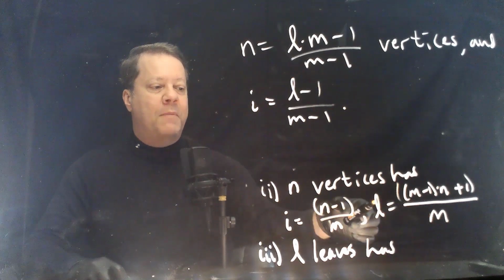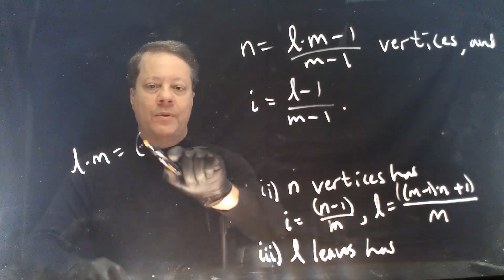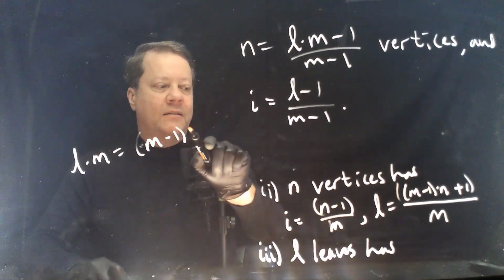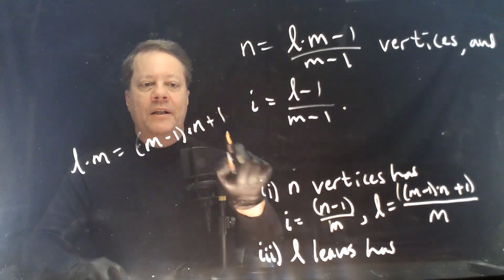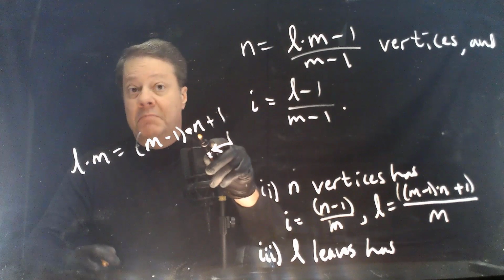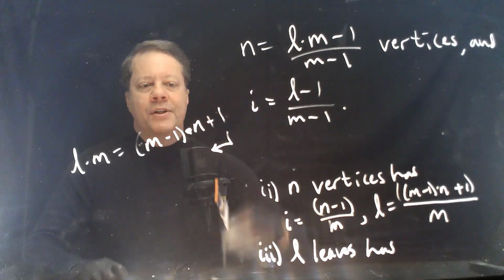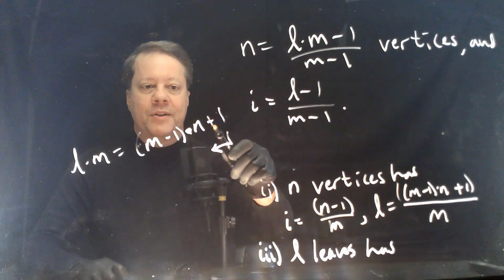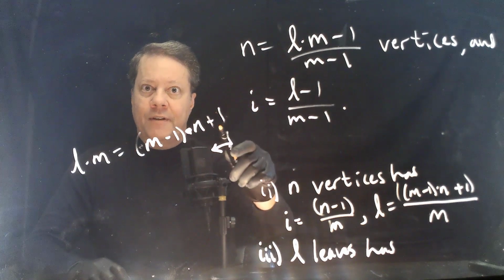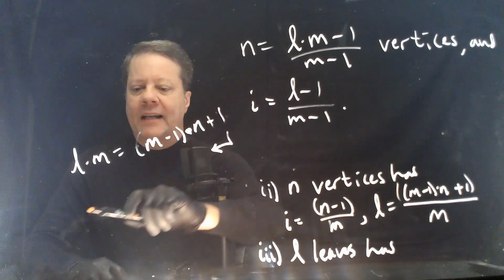This first formula comes from solving for n over here. You'll move the m over so you get L times m equals m minus 1 times n plus 1. You need to subtract the 1 over. When solving for something, n, you always take the reverse of the order of operations agreement, and since multiplication takes precedence over addition, you'll deal with this addition first. And you use opposite operations, so if it's added, you'll subtract.